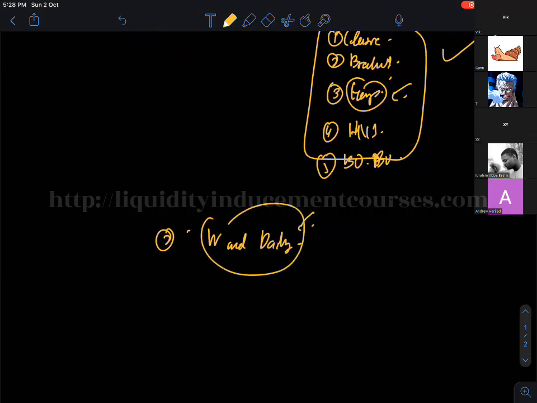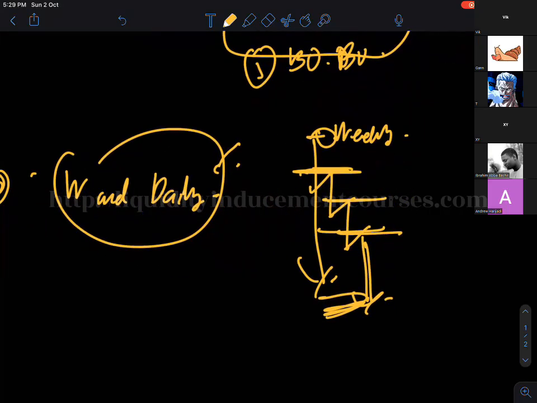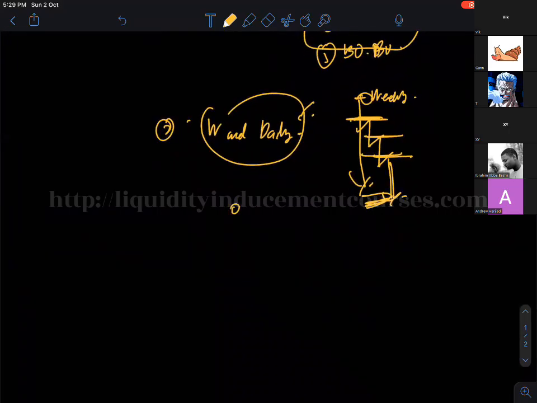Our second homework was weekly and daily. The point of this homework was to make sure you understood that the big movement of price usually comes from the weekly, and in the middle of that, you're going to find that daily pushes it. The daily levels push price in order to get to the next destination. In the middle of price going from the weekly to the next weekly, you're going to find that price goes up and then goes down, goes up and then goes down, and then goes up again and then goes down.